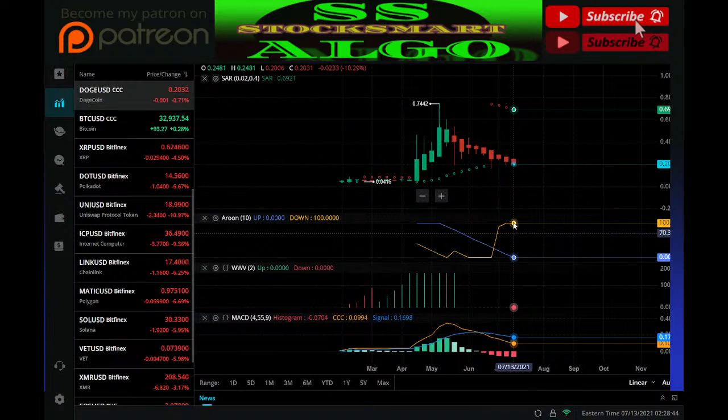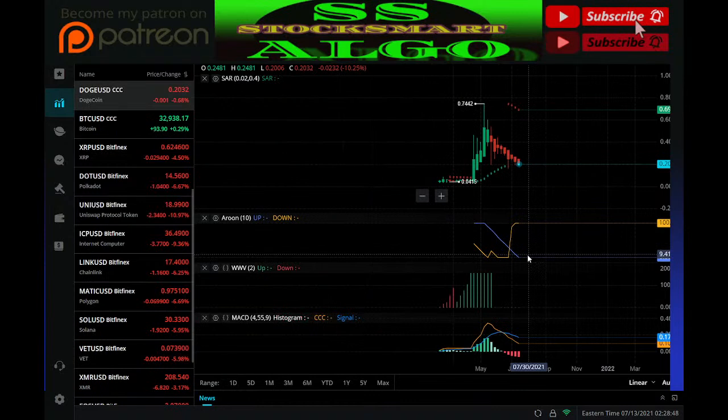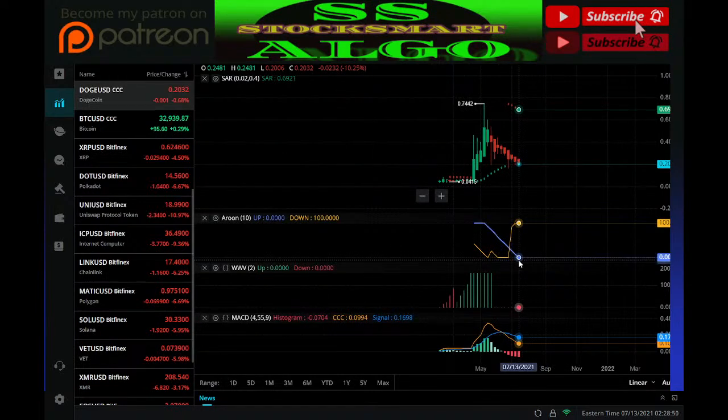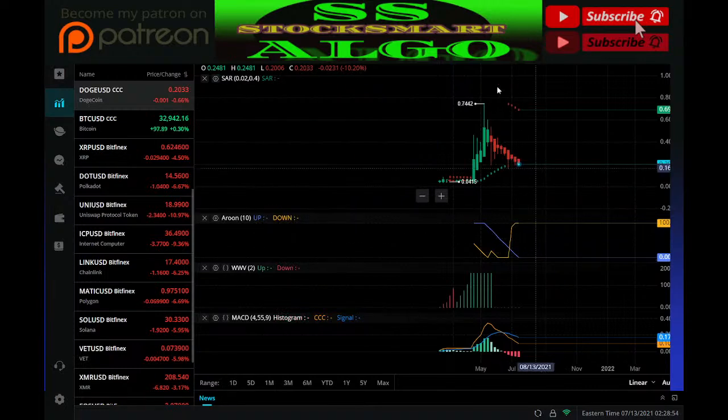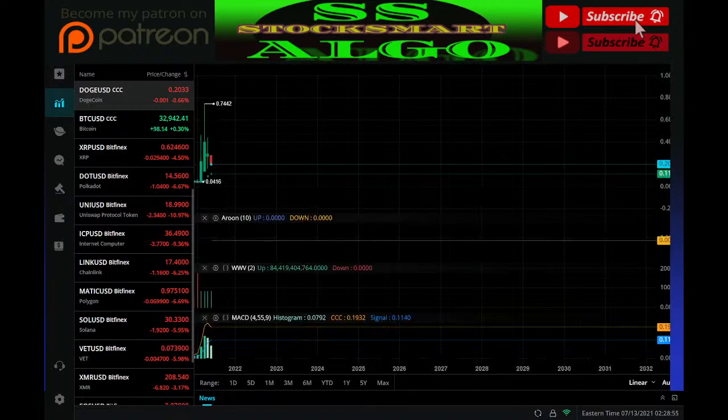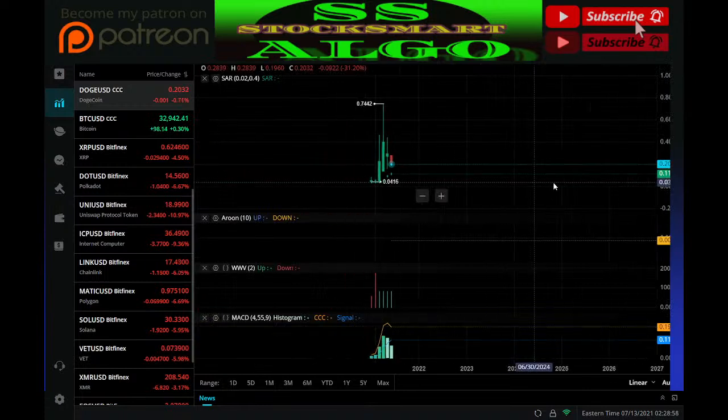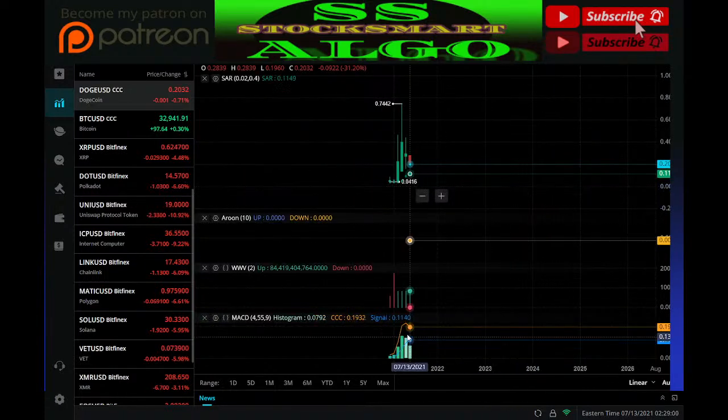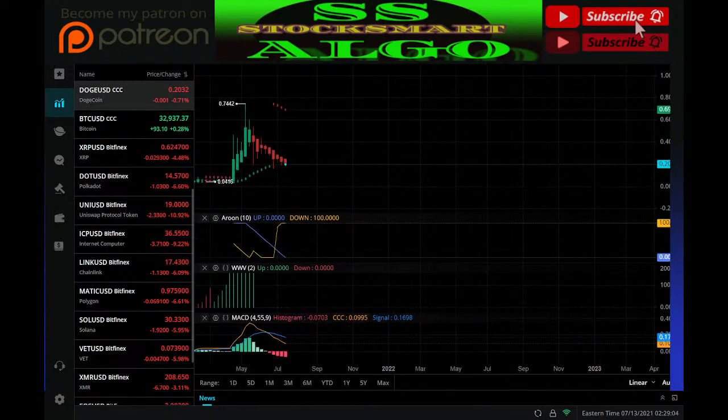Yes. Still bearish, though, so the run isn't quite over yet. But it has hit the bottom, so let's see what this forms. It still has some room to come down, it looks like. Yeah. We're not done with that yet.